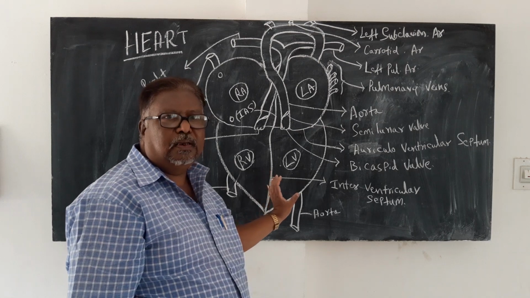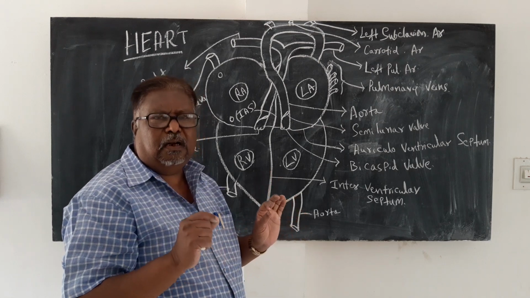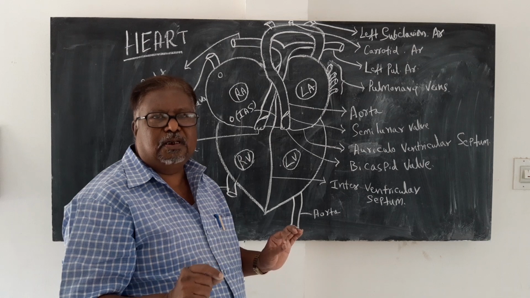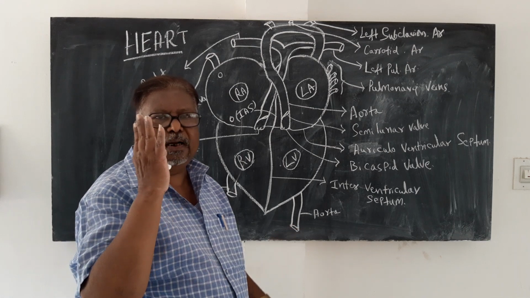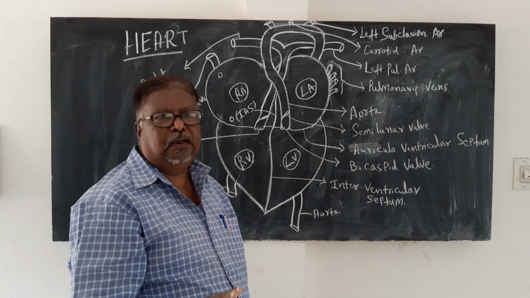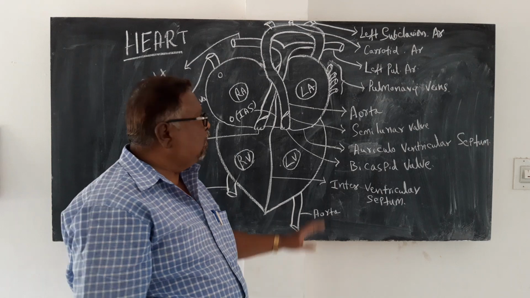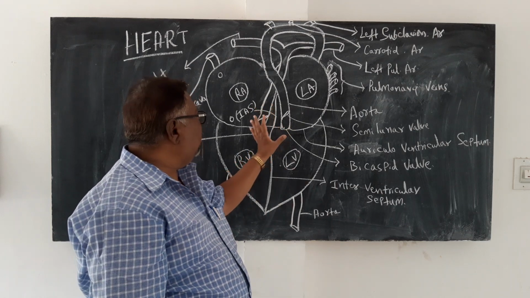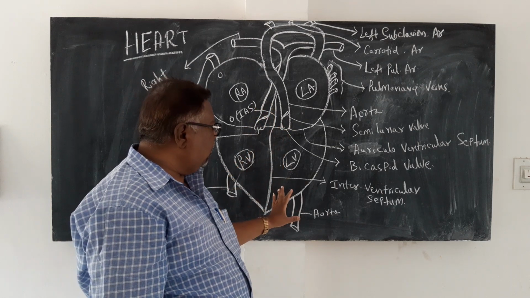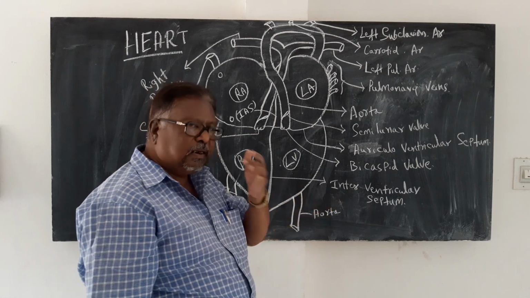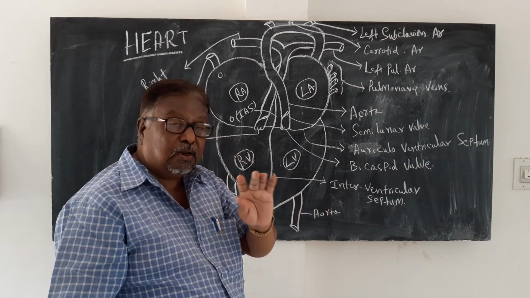Whereas in human beings, a very well developed heart is there, with four completely separate chambers. The two chambers of auricles are separated by the interauricular septum and the ventricles are separated by the interventricular septum. Like this, there is no mixing of blood.